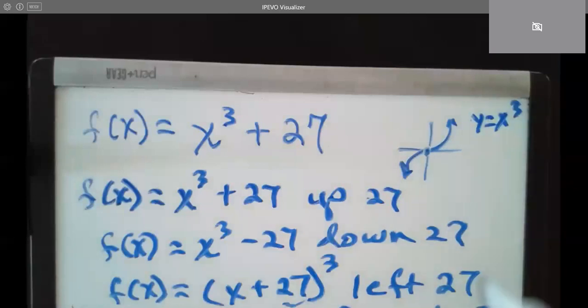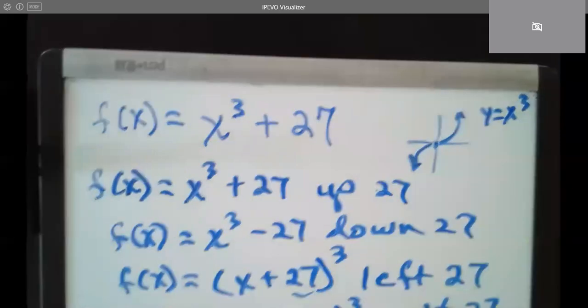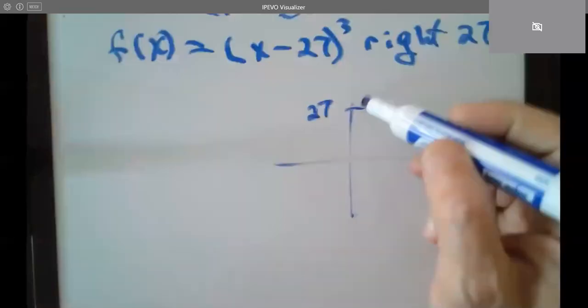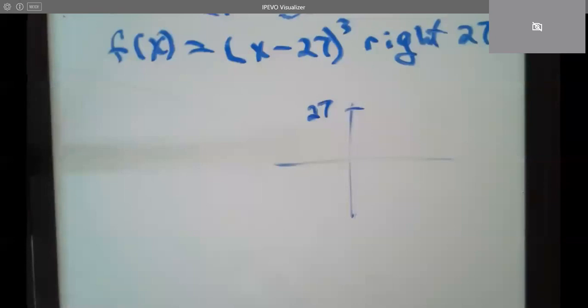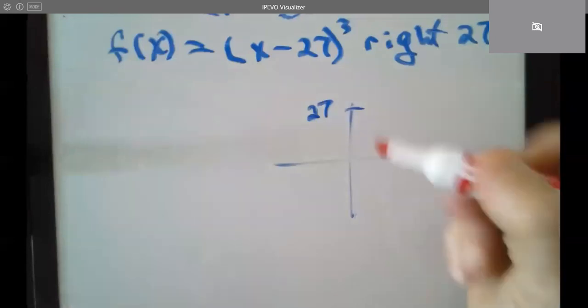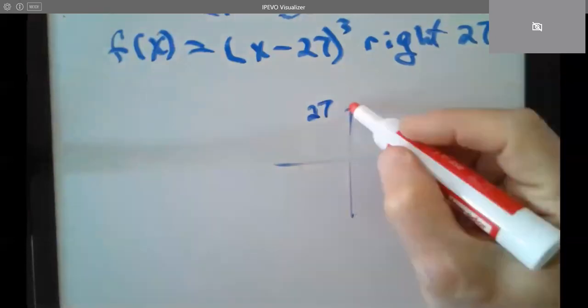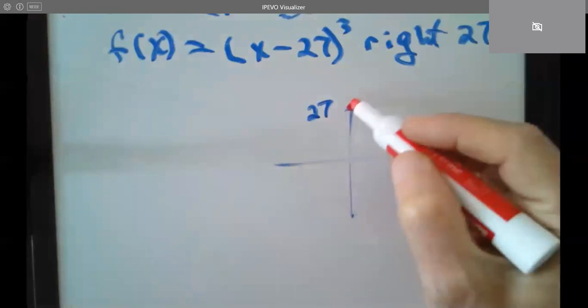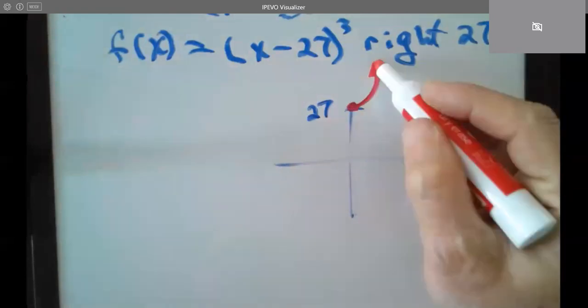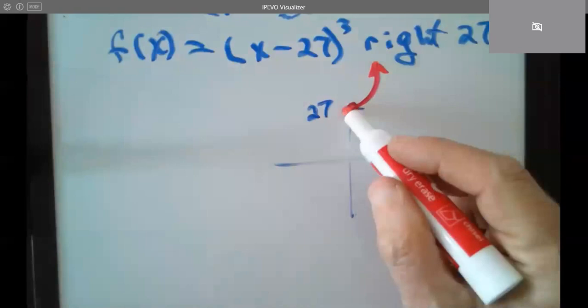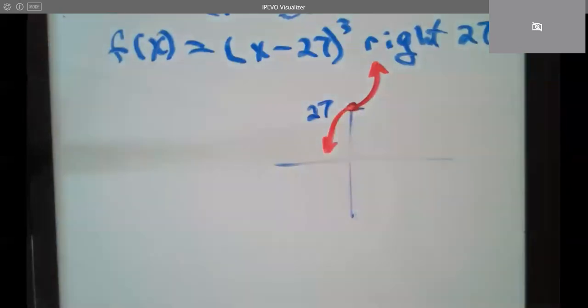But this point is going to be up here at 27. This point is that point of inflection we talked about, and that'll be up, right, down, left. Curve, so it's going to curve up to the right and curve down to the left.